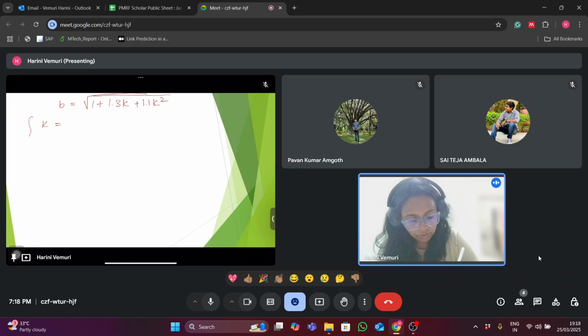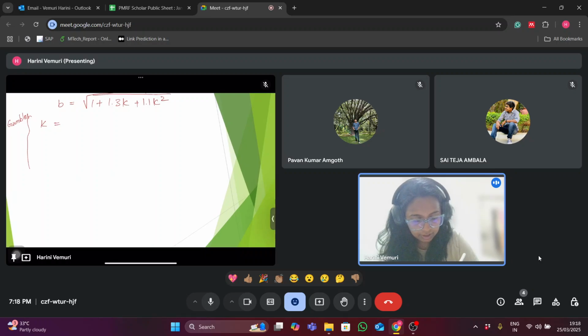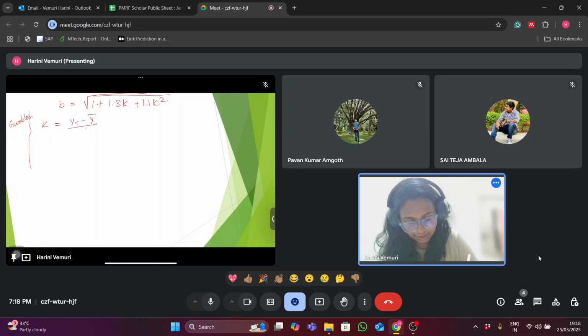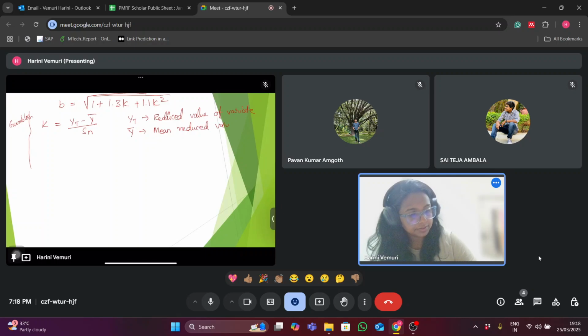And if suppose the data is following Gumbel's distribution, how we will estimate K is equal to yt minus y bar by Sn, where yt is the reduced value of variate, y bar is the mean of reduced variate, Sn is the standard deviation of the reduced variate.